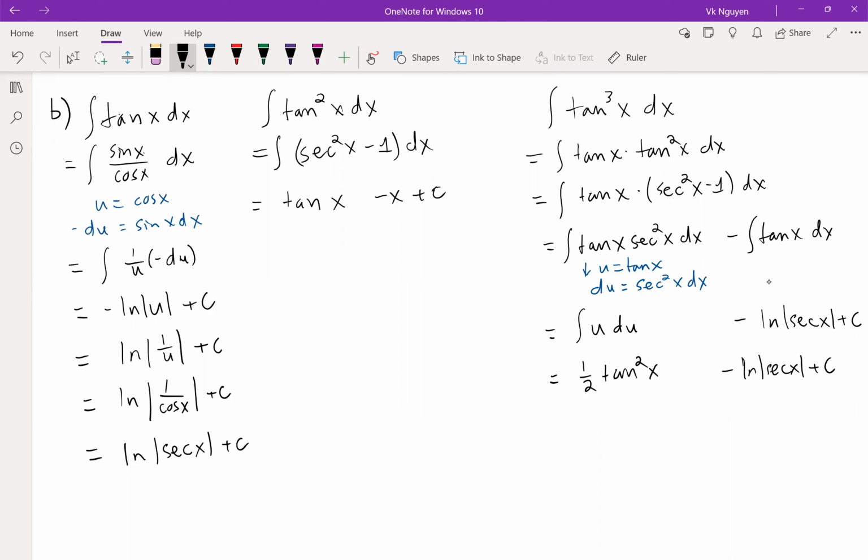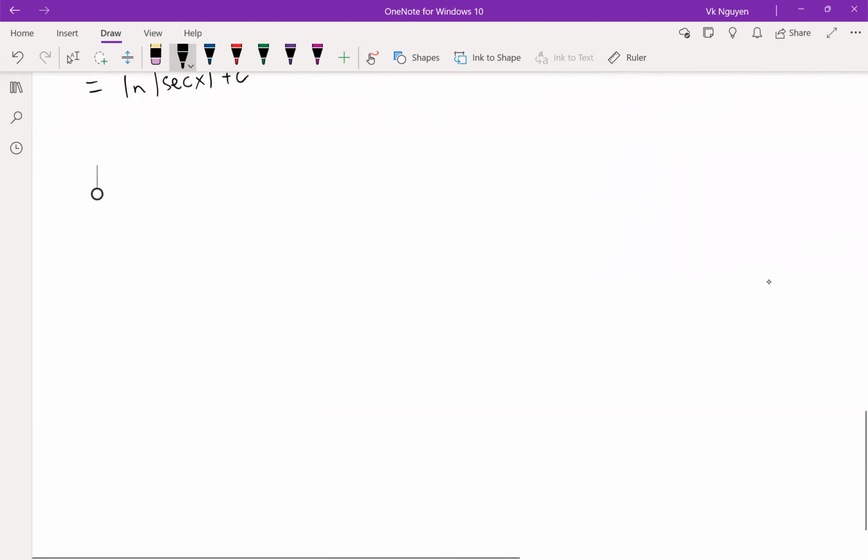One more: integrals of secant x, secant square x, and secant to the power 3 x. The integral of secant x dx. There's no direct antiderivative of secant x, so we just have to use a trick.